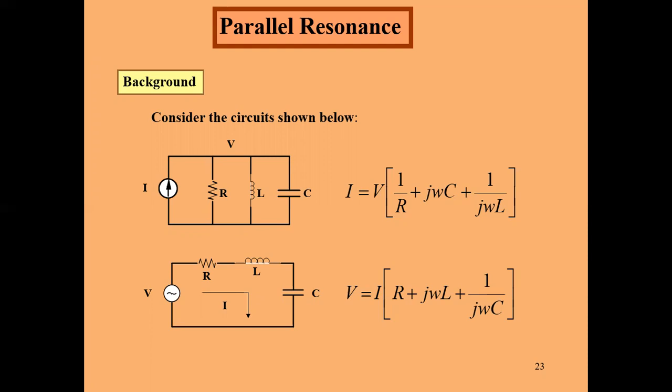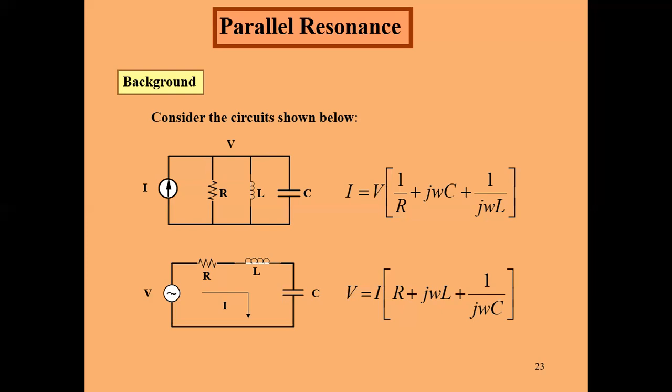Basically, in parallel resonance circuits, the resistance, capacitance, and inductors are connected in parallel. The inductance has an impedance that we call inductive reactance, and the capacitance has capacitive reactance.